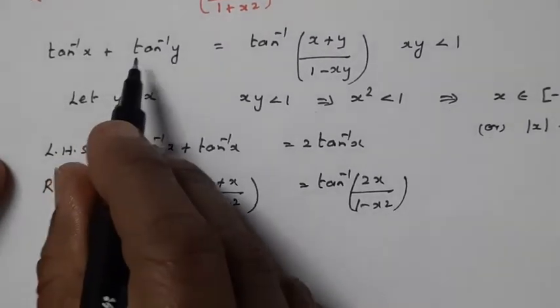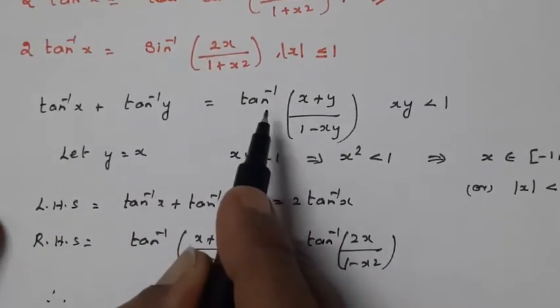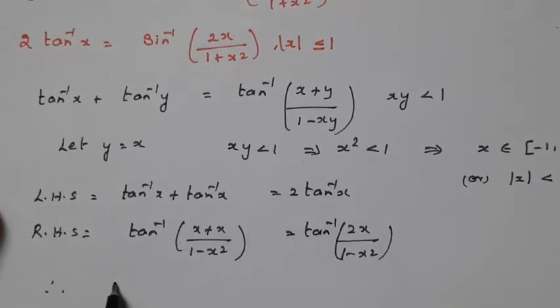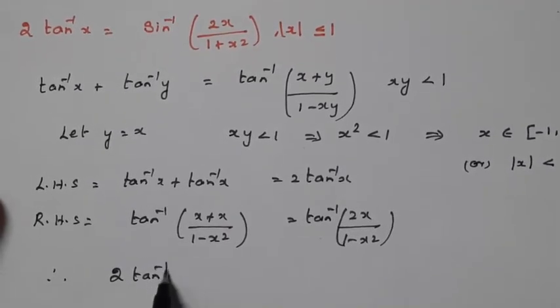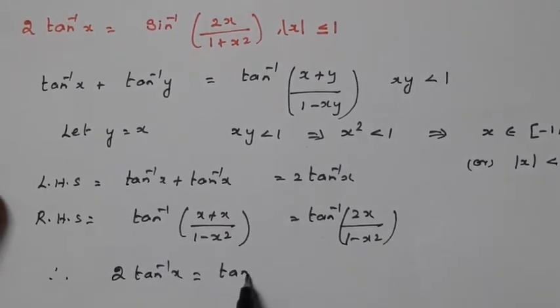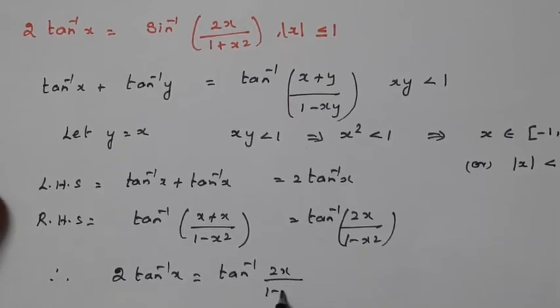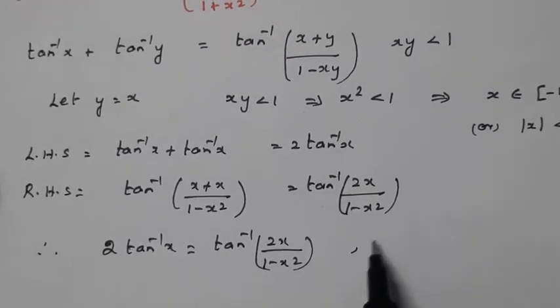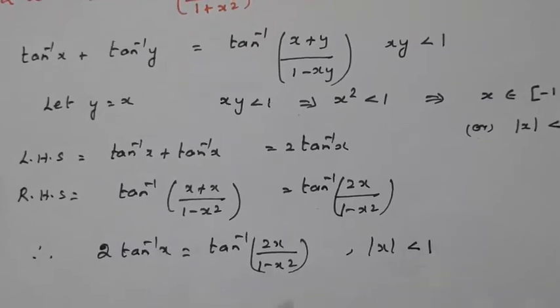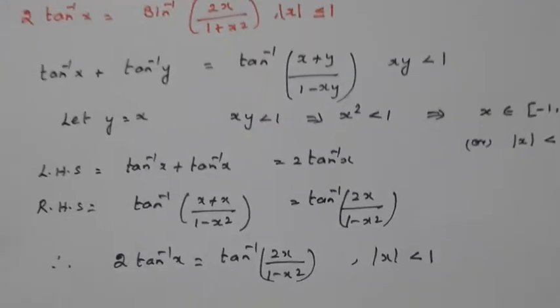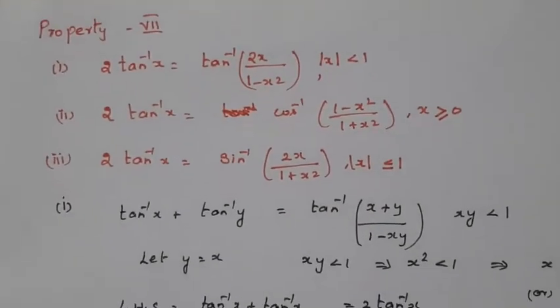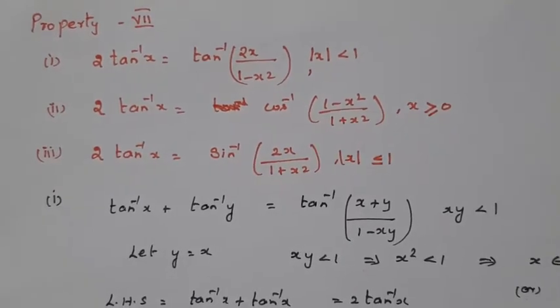Therefore, as LHS and RHS are equal, we have 2 tan inverse of x is equal to tan inverse of 2x by 1 minus x squared, provided modulus of x is less than 1. So, we have proved the first identity in this set of property.